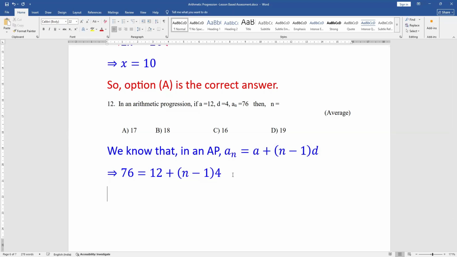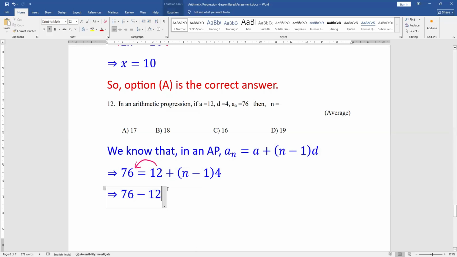In my next step, write down 76 minus 12. Whenever you come across this kind of problem, just transpose this 12 to the left hand side. So numbers move to the other side.